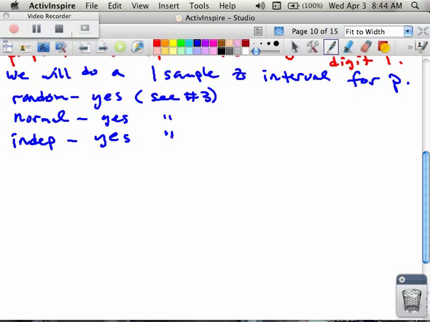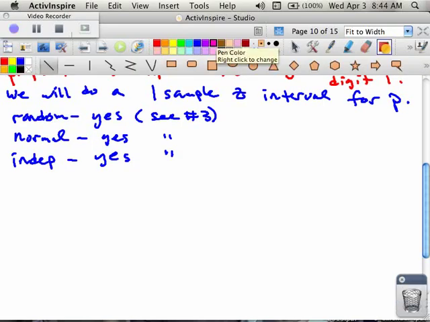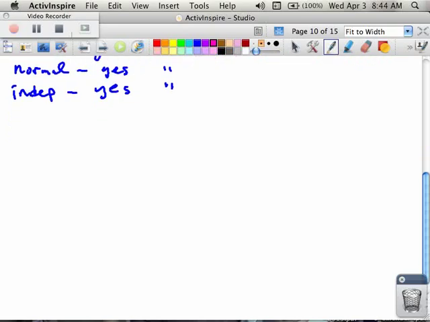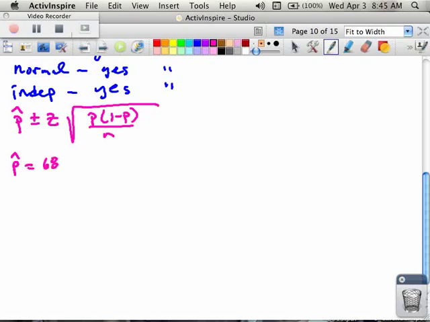The main difference is what comes next, and this is how you actually calculate the interval. To find the interval, you take your p hat, like we did before, plus or minus your z value, times the square root of p, 1 minus p, all over n. Our p hat was 68 out of the 300, which was 0.2267.